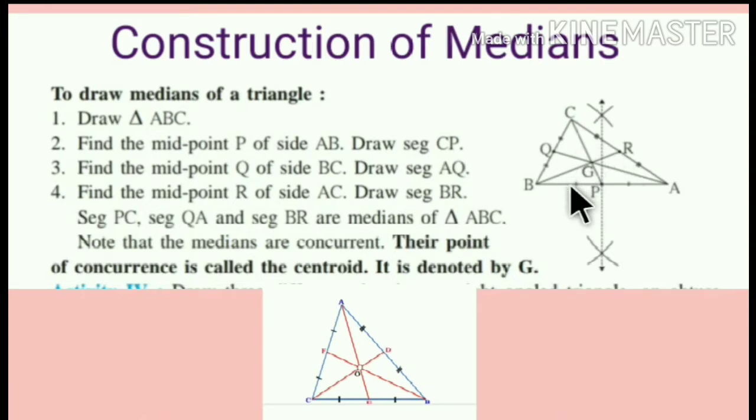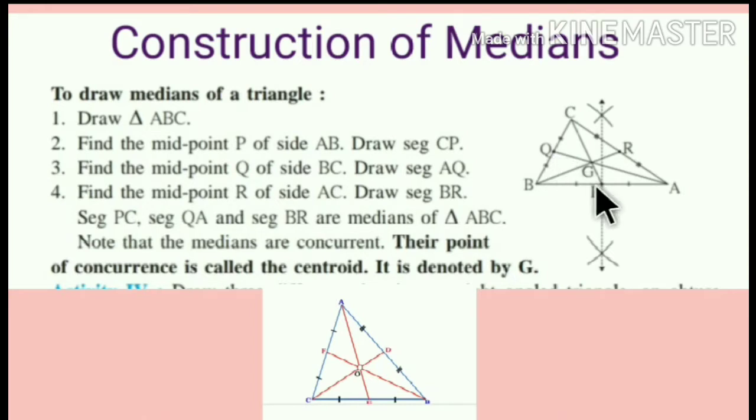Like this, we also bisect the other two sides. Side BC has midpoint Q, and we join it to the vertex A, and here is the median AQ.